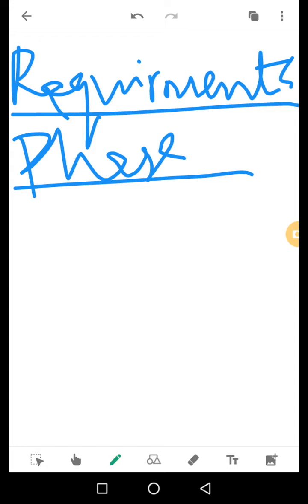So let's have a look at types of requirements. Requirements can be categorized as follows. 1. Functional requirements. When we say functional requirements, they describe the functionality that the system is to execute. For example now, formatting some text or modulating a signal.